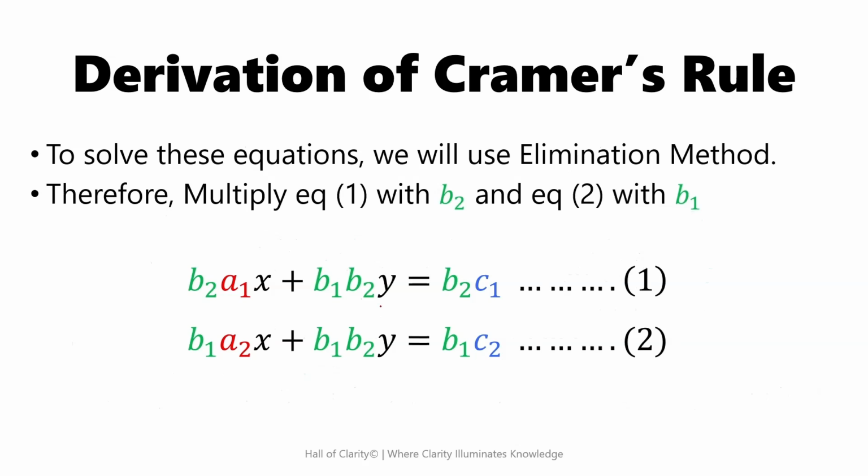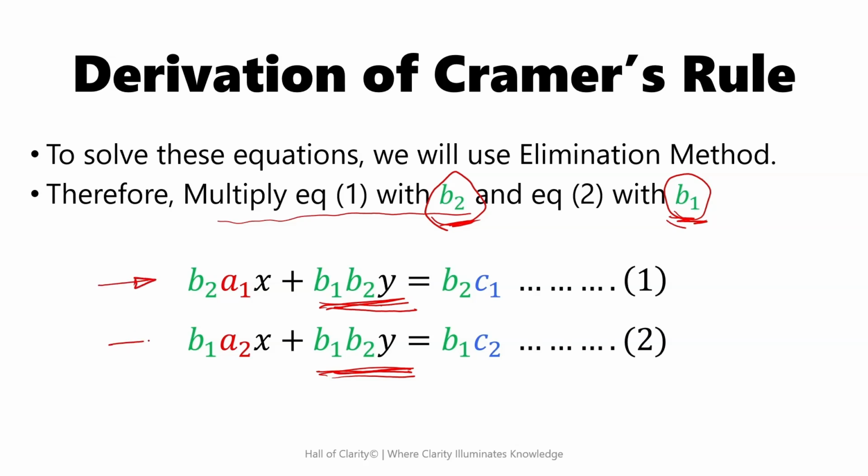We have to eliminate first the y term. So what we have done, we have multiplied the equation 1 in previous slide with b2 and equation 2 with b1. Now why we have done this, you all know that we have to make this coefficient of y same. So we have multiplied equation 1 and equation 2 with these two real numbers. Now once we multiply, then we get these new equations.